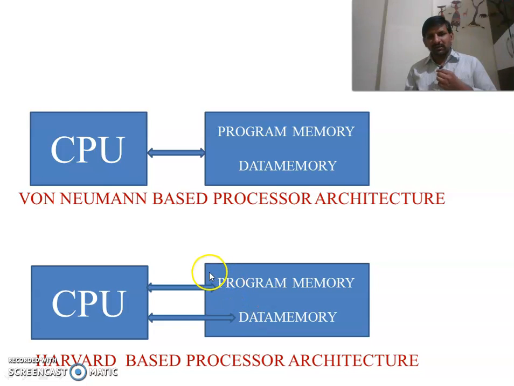So we are reducing the number of cycles from two cycles to one cycle, improving the speed. At the same time, we can avoid the collision of accessing the program and data memory. That is the advantage of the Harvard based processor architecture: improving the speed and avoiding the collision of accessing program memory and data memory.